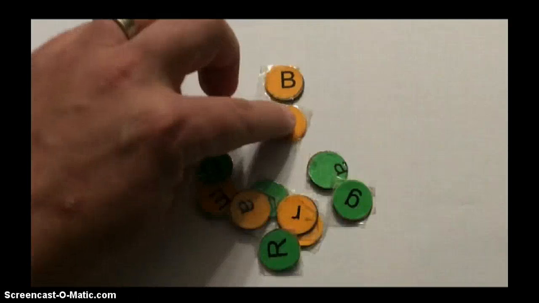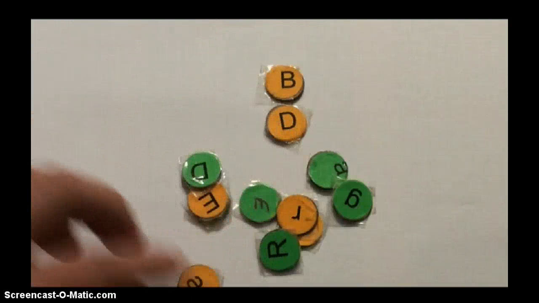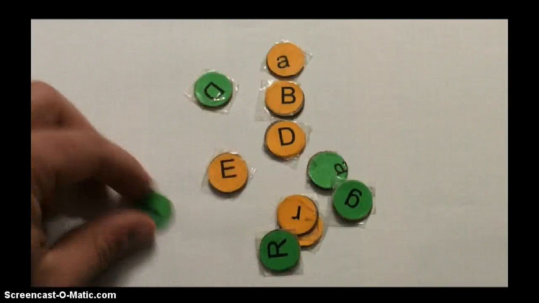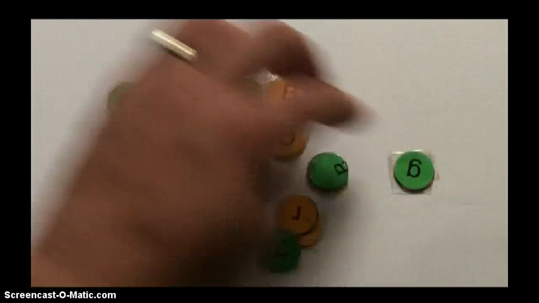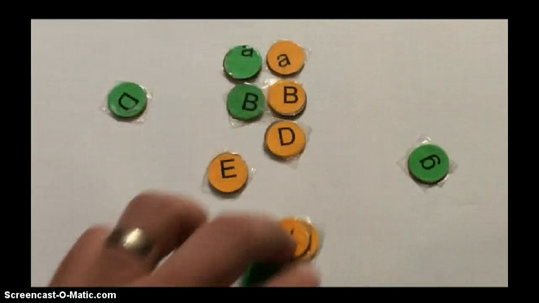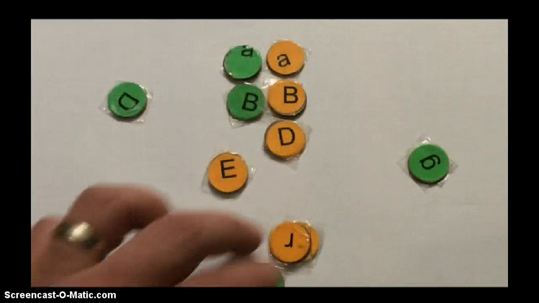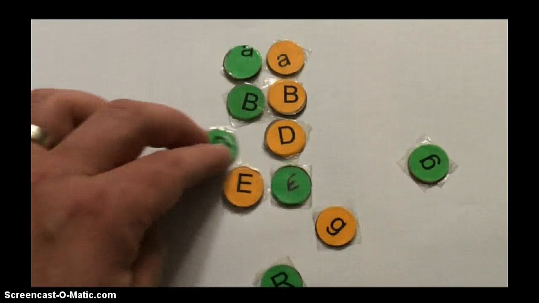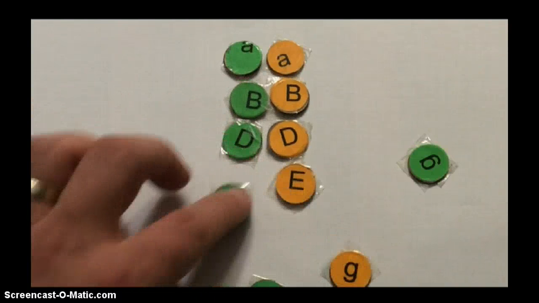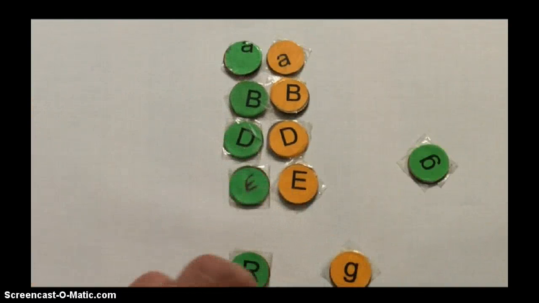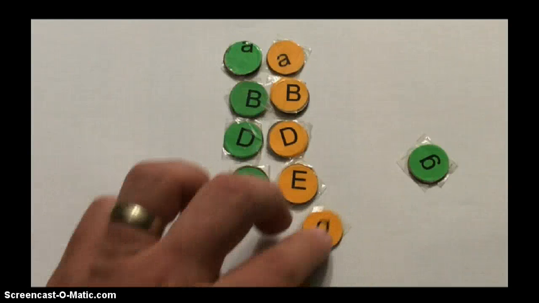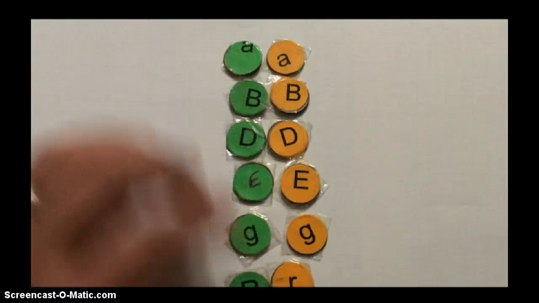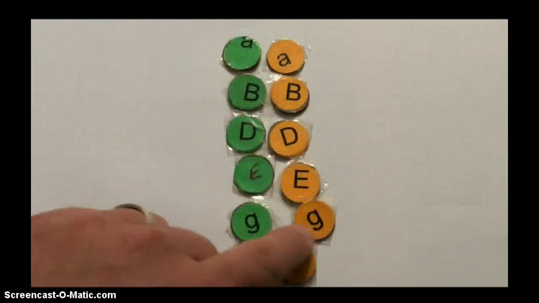Once these coins are organized and placed in order, we'll have a better picture of what offspring number 3 will look like. And there's offspring number 3.